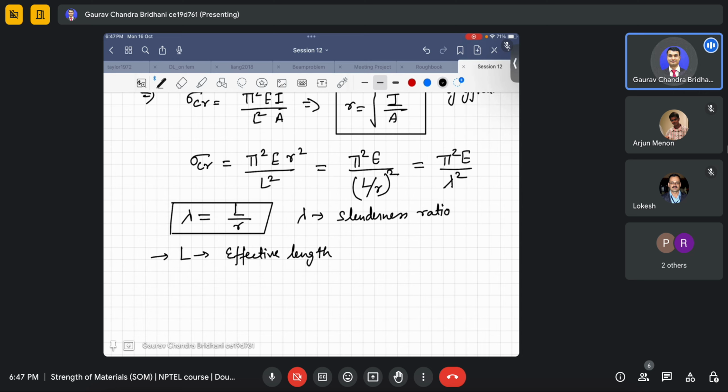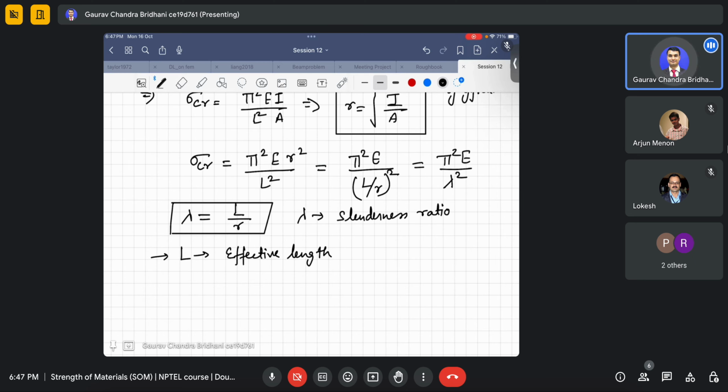So effective length basically is defined as the length between the two consecutive changes in the moment. So what is the definition of effective length? It is the length between the changes in the bending moment curve. Wherever the bending moment changes its sign, the length between those two points is known as effective length.